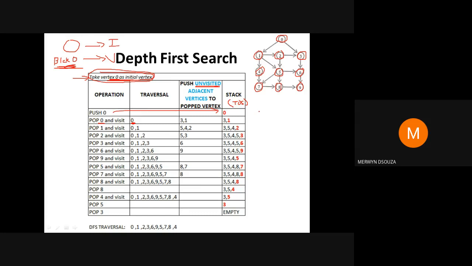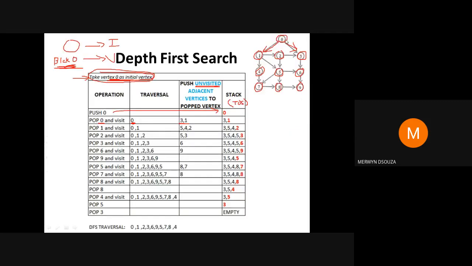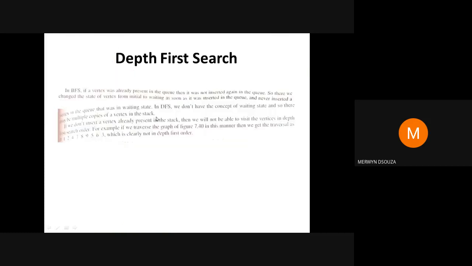Just for you to understand. So I find the vertices adjacent to it. They are 1 and 3. So I write them here. Next, if the popped vertex is in the initial state, then visit it. This popped vertex was in the initial state, so I visit it and rub this out. When I visit it, I get the neighbors of 0, which are 1 and 3.